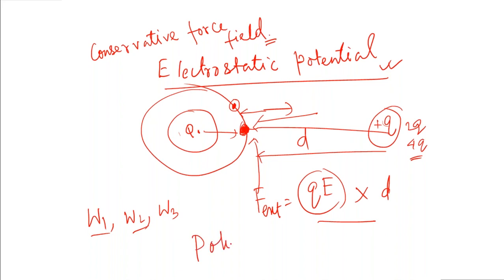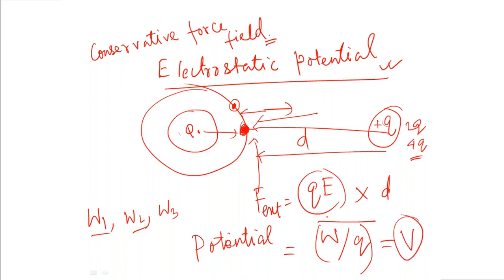Instead of potential energy, potential has been defined as work done per unit charge, which is denoted by V. This is the electrostatic potential.